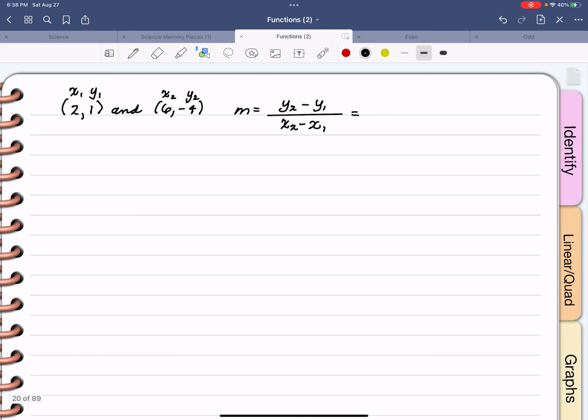And then I will use those points to fill in the values. y2 is -4, y1 is 1, x2 is 6, x1 is 2. So we end up with -5 over 4. And that's the slope of the line shown in that graph, or the slope of the line with these points.